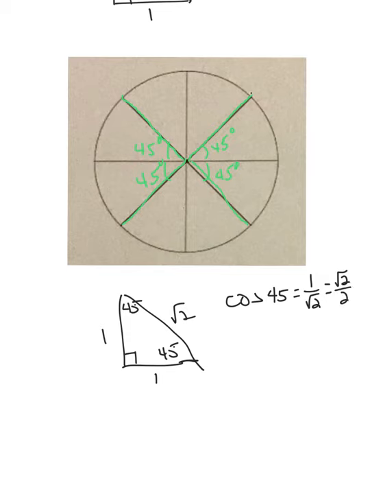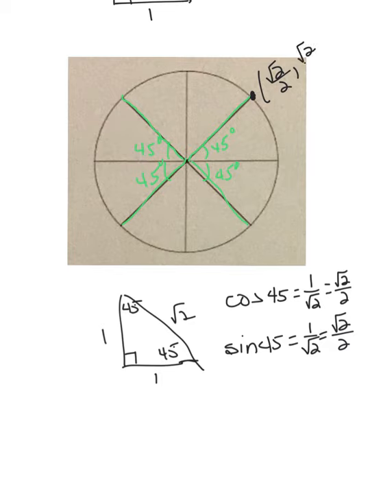So that means that the x-coordinate for this point is the cosine, which is square root of 2 over 2. If you think about the sine of 45 degrees, opposite over hypotenuse is still 1 over square root of 2, which is rationalized square root of 2 over 2. So the sine value is also square root of 2 over 2. In the second quadrant, your coordinates are the same, but your x value is negative.